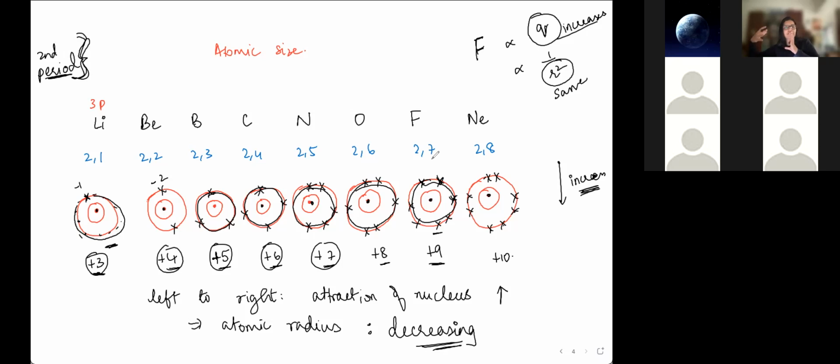So more charge applied at the same distance means more force of attraction on those electrons. So zyada force, they're attracted and come a little closer. So the consequence is that the atomic radius decreases slightly.